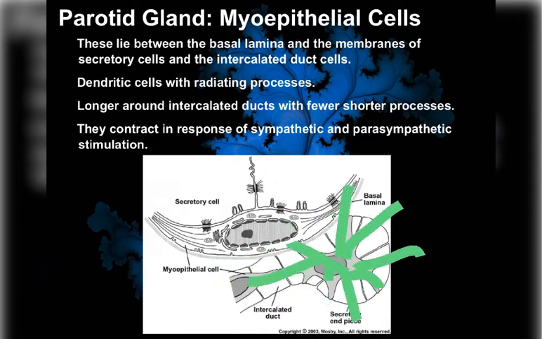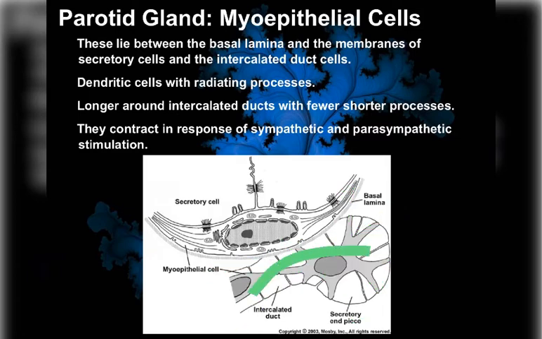When they contract, they push the secretions from the secretory end pieces toward the intercalated ducts, and from the intercalated ducts toward the larger duct, which could be a striated duct in the case of the submandibular and the parotid, and in the others would be the intralobular minor collecting duct. They are called basket cells as well.